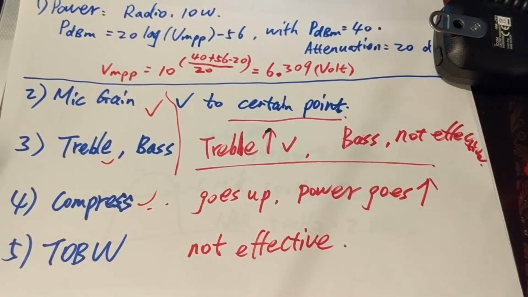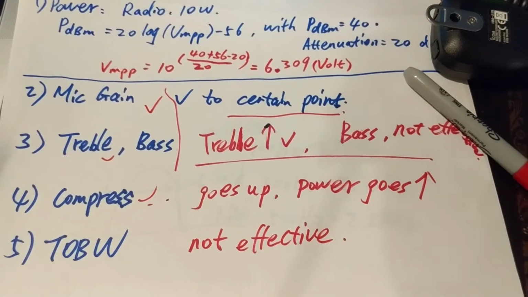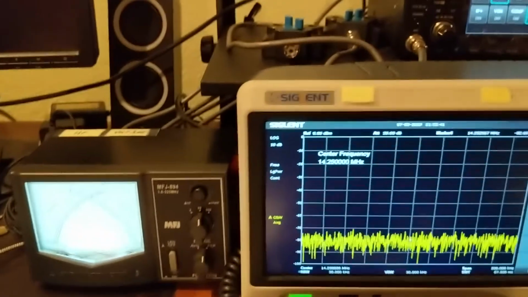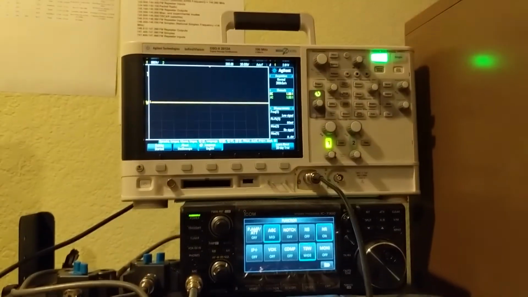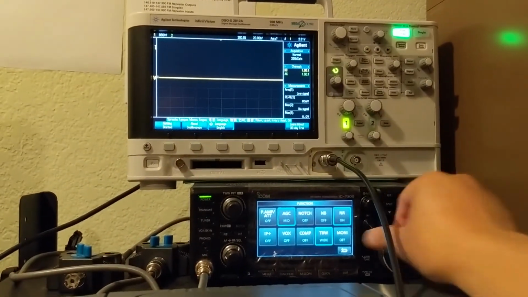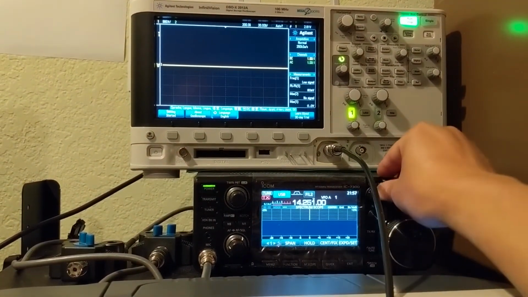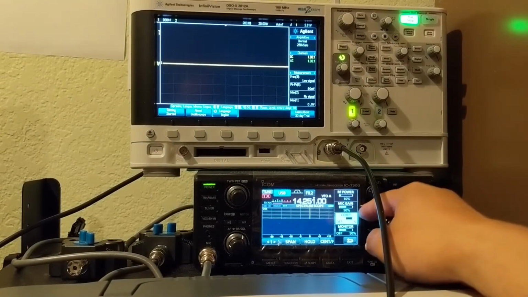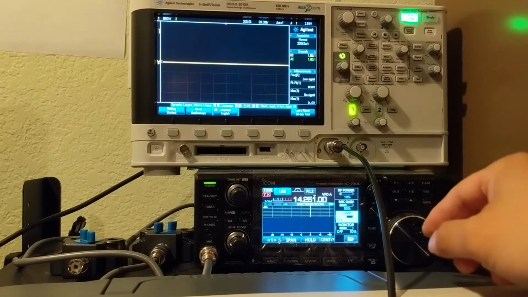Let's do a comparison of the transmission power. Okay, let's do first, set everything very low. Let's keep the microphone gain at 50% because I really cannot set it to 0, and compression is off.